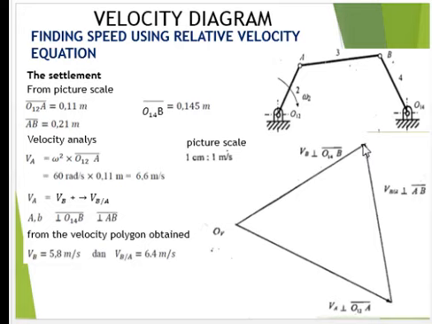This is VB relative to A. From the velocity polygon, we can measure VB. It has the length 5.8 meter per second, and VB relative to A has the length about 6.4 meter per second in this graphical polygon.